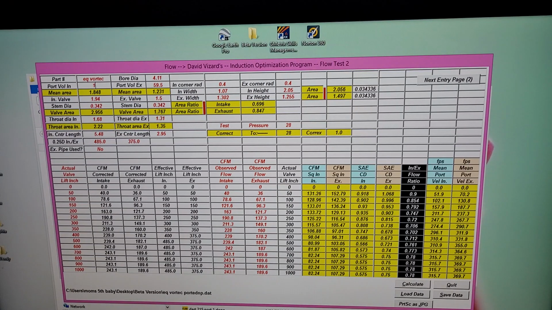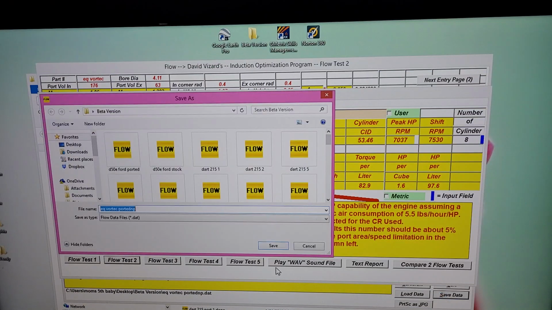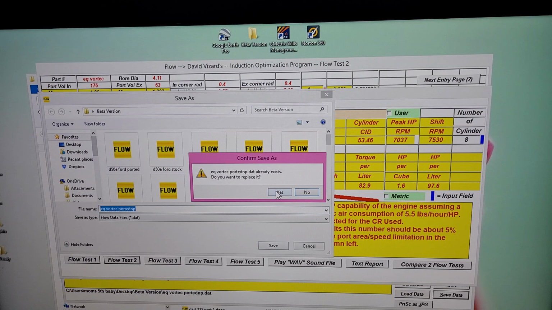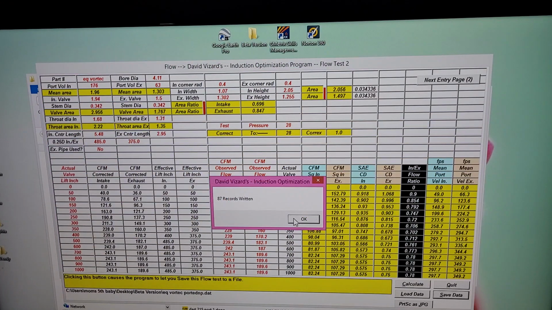I'm going to say we're about 176 on that, and I'm going to say we are about 63 here. Okay. Now we're going to have it calculate. We're going to have it save data. Say save. Yes. Okay, sorry about that, guys.